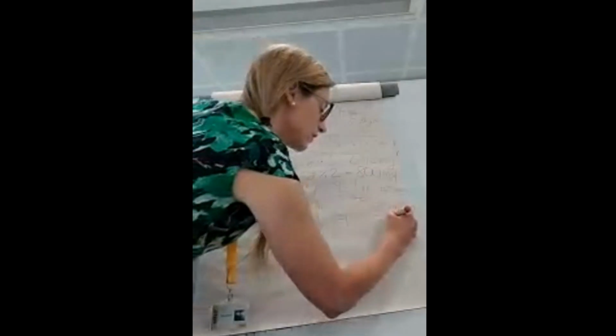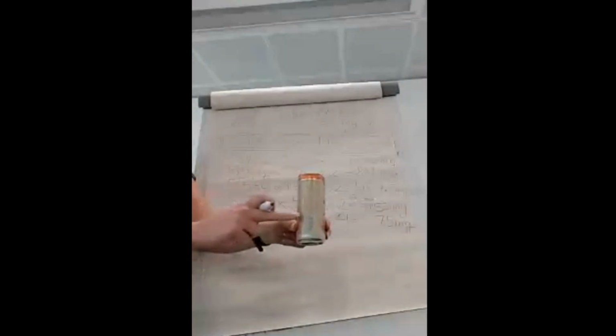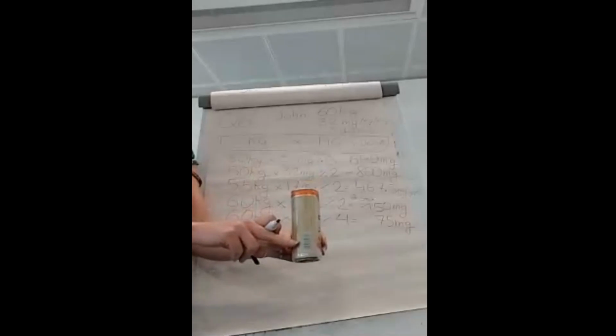So 75 milligrams. So that is about a little shot. So I would say something like this, maybe like a little espresso or something. So that's what you have to drink. Are you happy with this, Babu? Yeah, I'm happy with that.